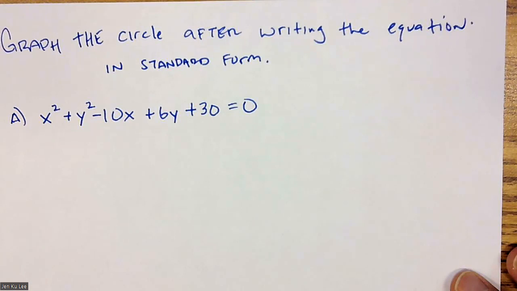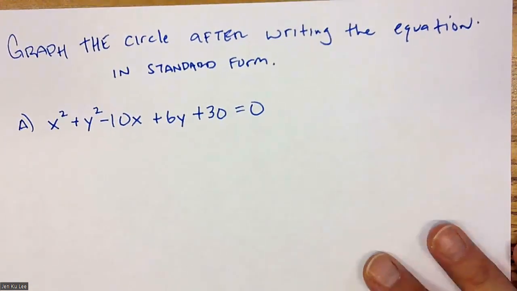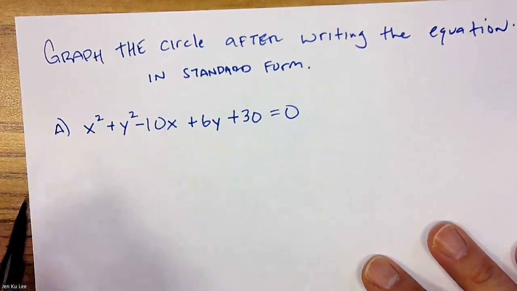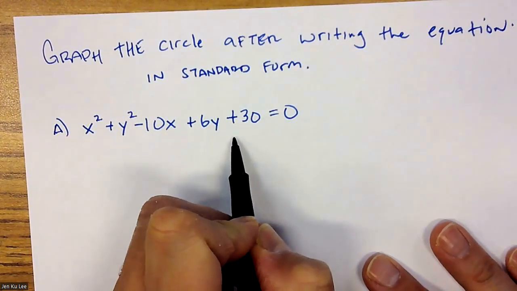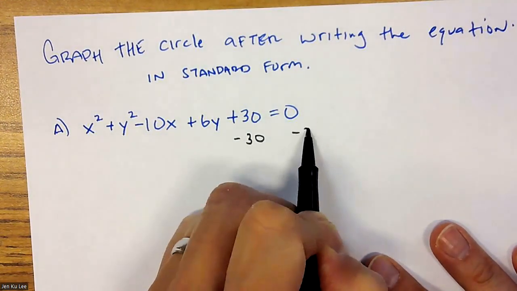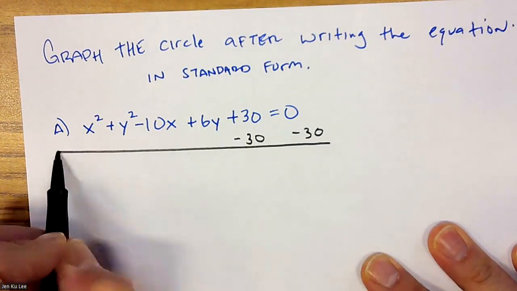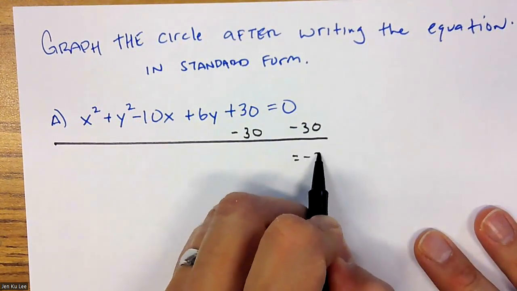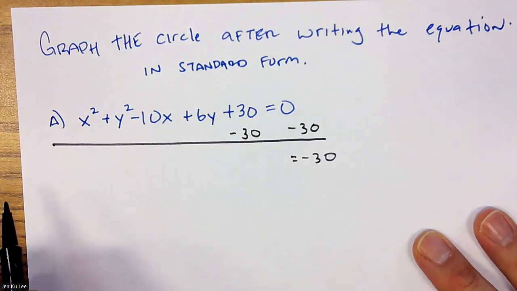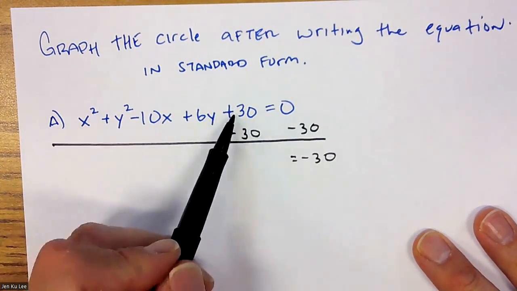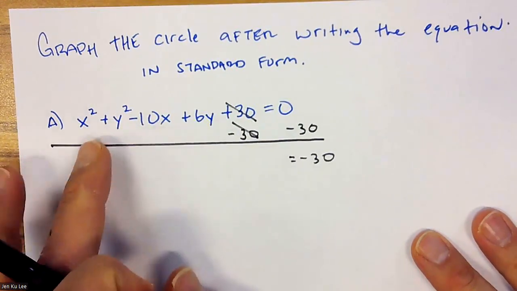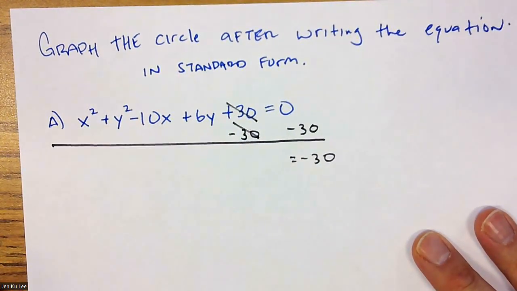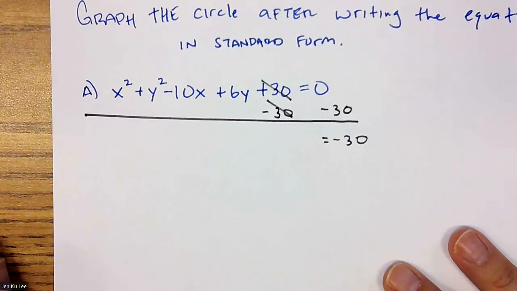So completing the square, I am going to put the constant on this side of the equation, by itself. So that equals -30. Simultaneously, these two cancel out, and I'm gonna gather my x's up. I'm gonna gather my y's up.